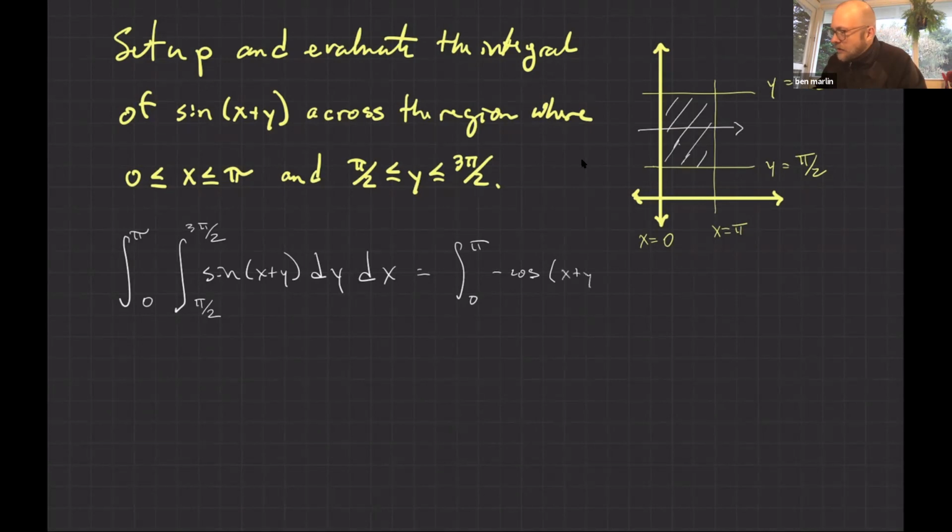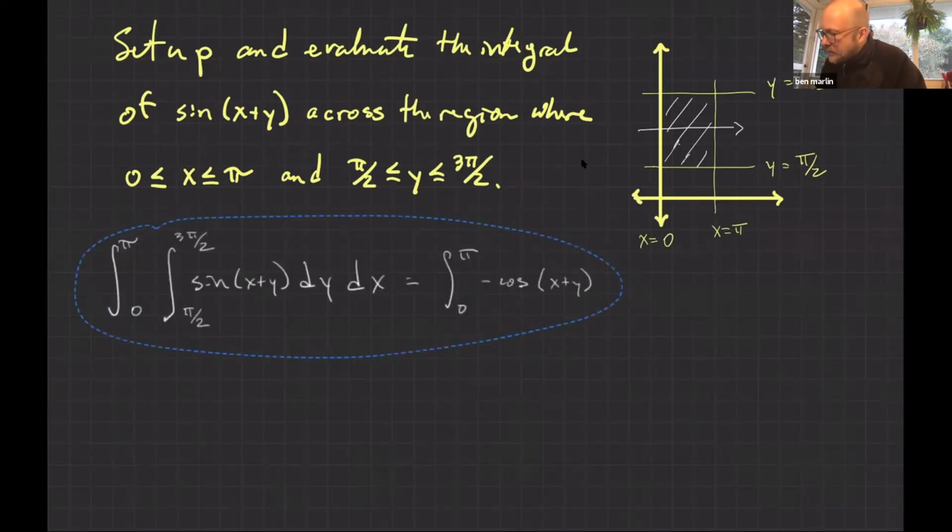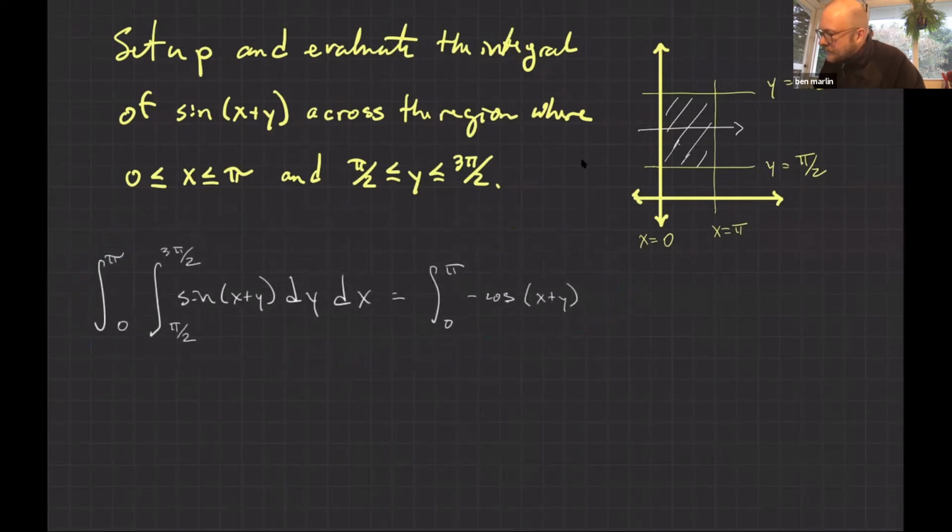So we'll end up with just a negative cosine of x plus y. I let this get too close up there to my picture. Let me scoot it down a little bit, right? But we're evaluating from, and I'll jot down y equals pi over 2 to y equals 3 pi over 2. And then outside of all of this mess, we'll write a dx, okay?